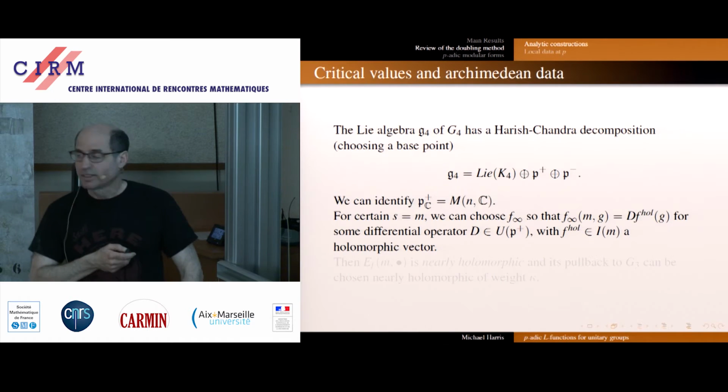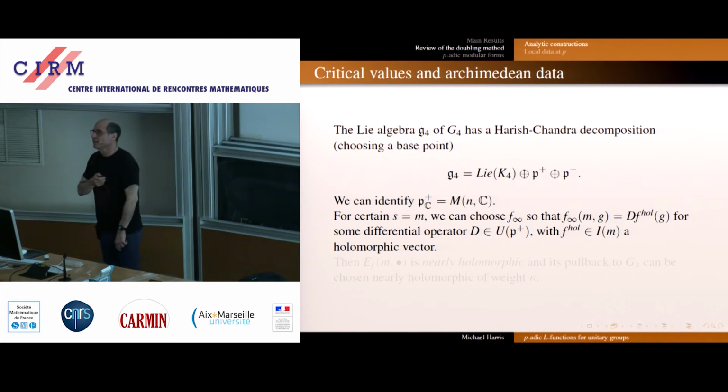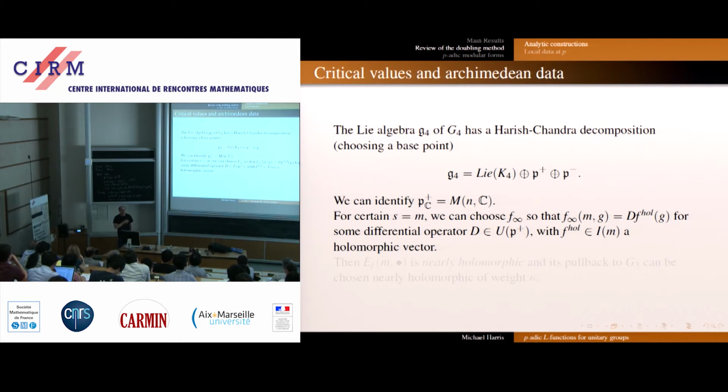So this is part of the choice that goes into the Eisenstein series, and this only works for specific integers M, which happen to be, something I proved a long time ago, just the right half of the collection of critical values in Deligne's sense. Okay. So if you're only interested in rationality of special values of L-functions, this is mainly what you need to know.